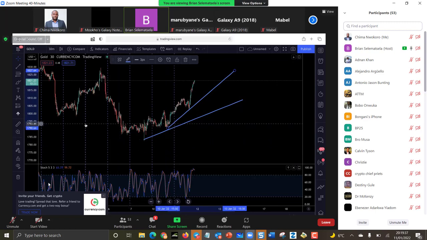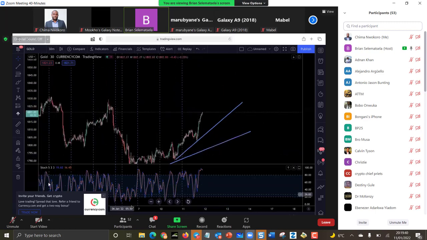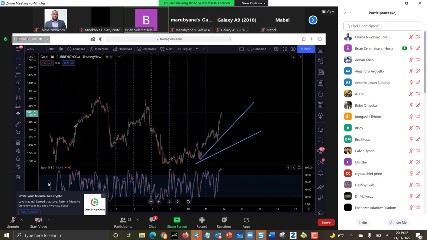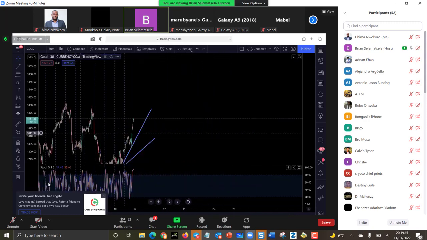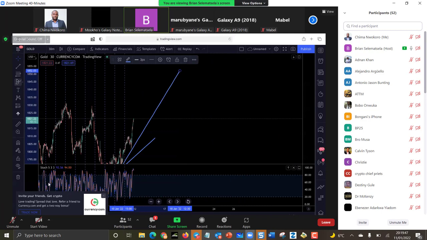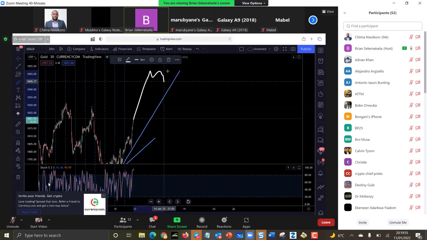So even if it goes up like crazy to here, when it starts to consolidate and it breaks the first layer, that's when you know this thing is about to go into the opposite direction. So just simply wait for it to break the first layer.